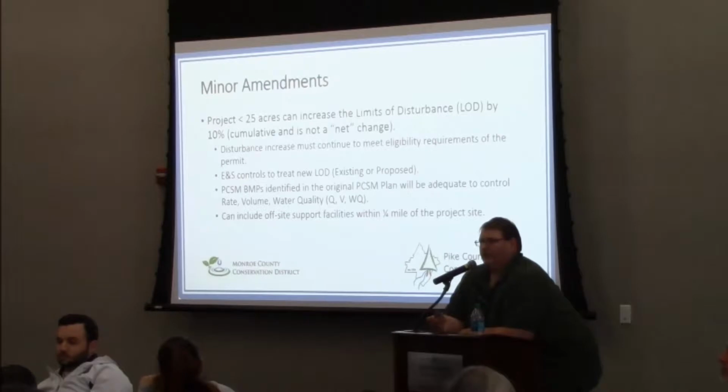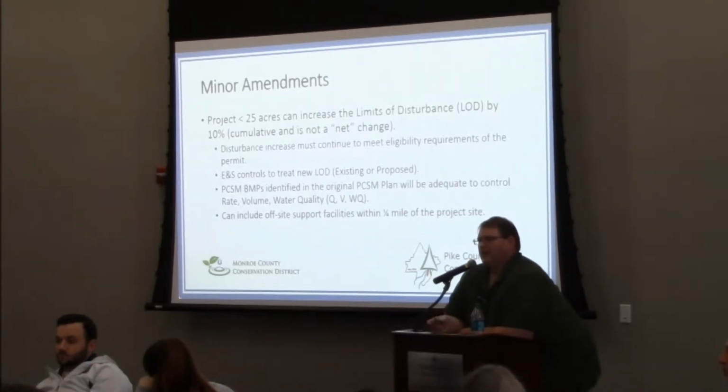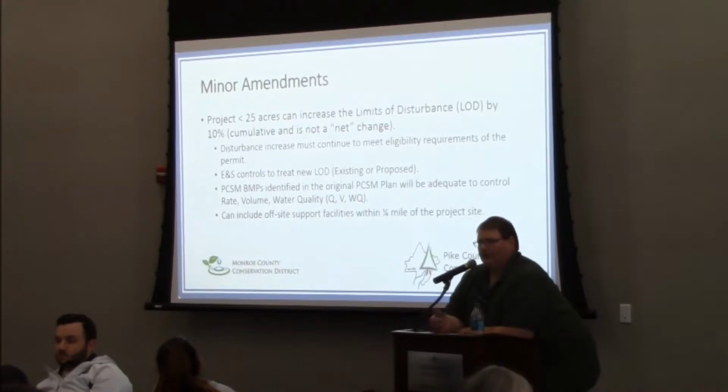The E&S controls need to be there to treat the new limit of disturbance. They can be existing or they can be proposed. We may ask for calcs to show that they're still going to work. Or if you're proposing new, we'll ask for calcs as well. PCSM BMPs identified in the original PCSM plan will be adequate control to rate, volume, and water quality.